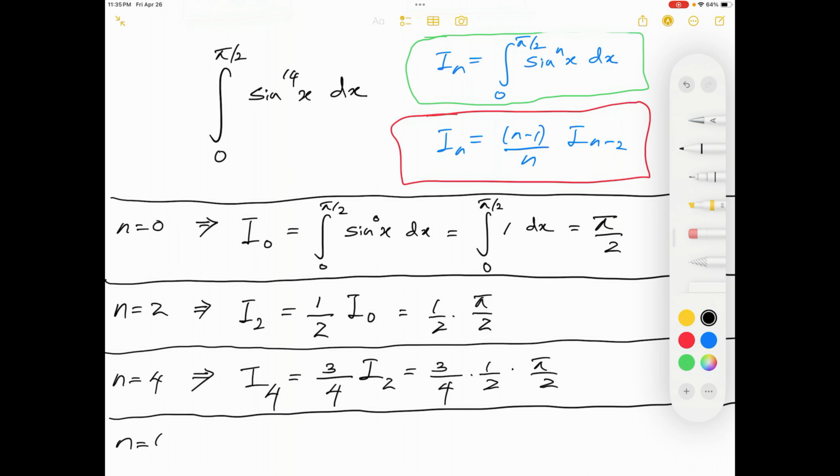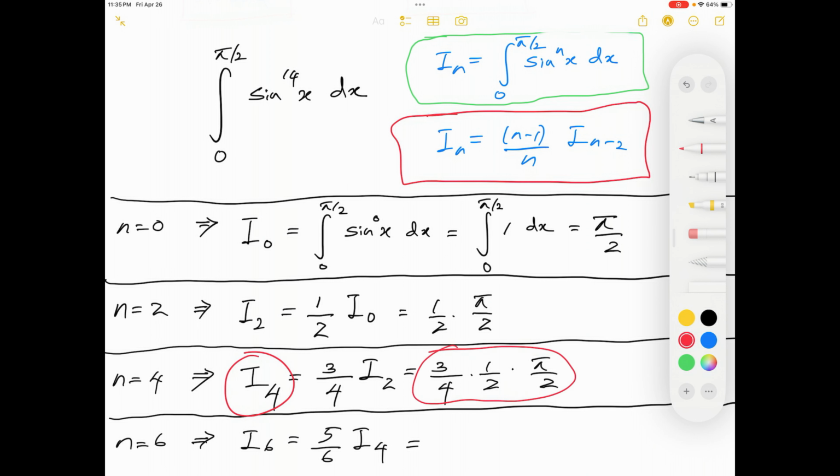Alright, next we are going to look at the next smallest even number, which is n equals 6. By looking at this reduction formula again, we get I sub 6 is equal to (n minus 1) over n, with n equals 6 becomes 5 over 6, times I sub (n minus 2), with n equals 6 becomes I sub 4.